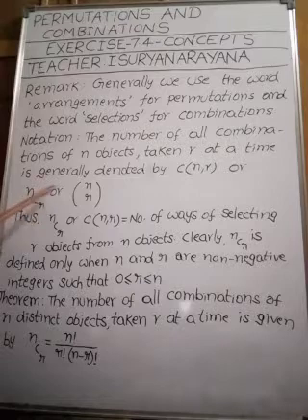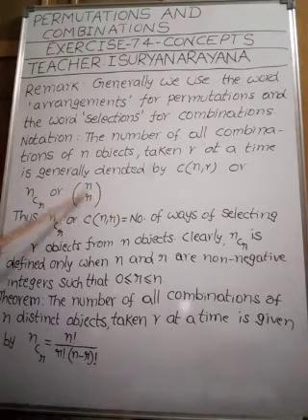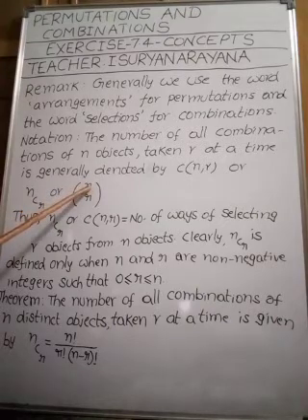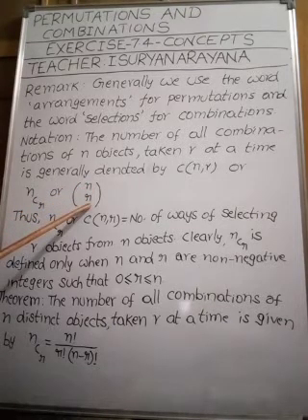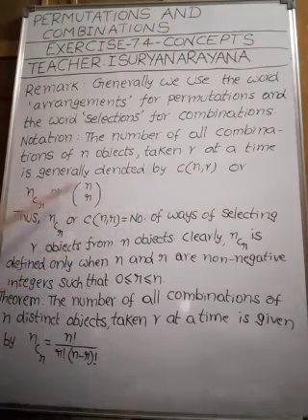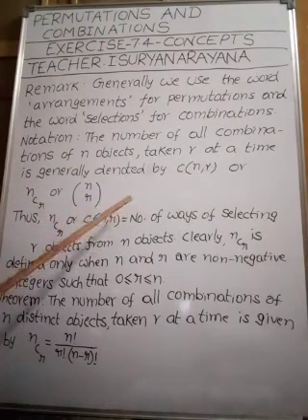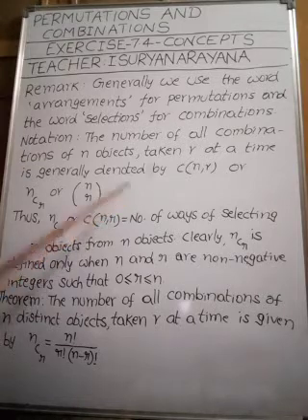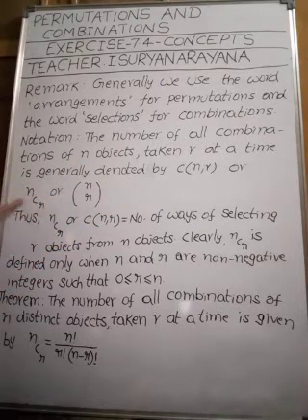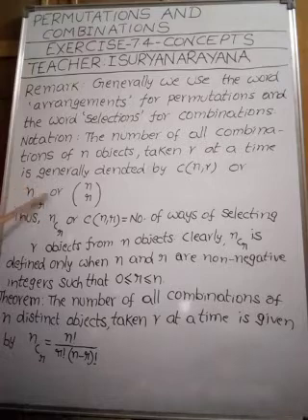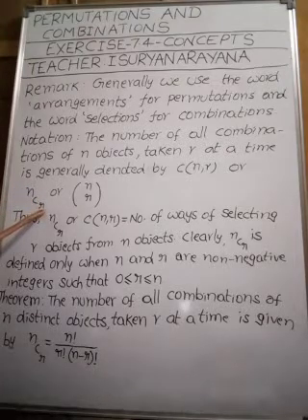Or nCr like this, open brackets, n above and r down. All these three notations denote the same combinations of n objects taken r at a time. But in general, in this textbook, we use this notation.